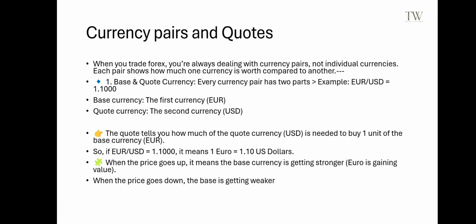So when price is going up, it means the base currency is getting stronger; in this case, the euro is gaining more value over the USD. And whenever price is going down, which also means price is selling, it implies that the same base currency, the euro, is getting weaker against the US dollar. It's just as simple as that.